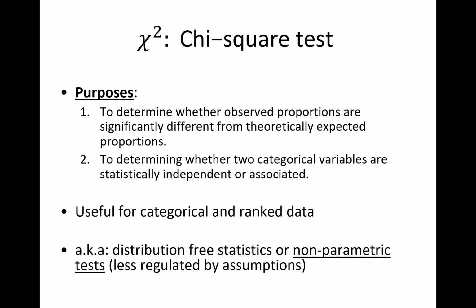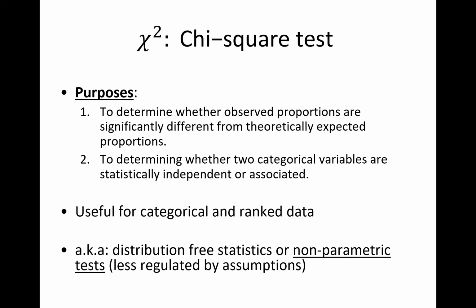So if you expect there to be, for instance, a 50-50 split between two groups, and you actually have a total sample size of 70 and you have a 40-30 split, the question is whether or not that's significantly different from what you would expect under the null of a 50-50 split.